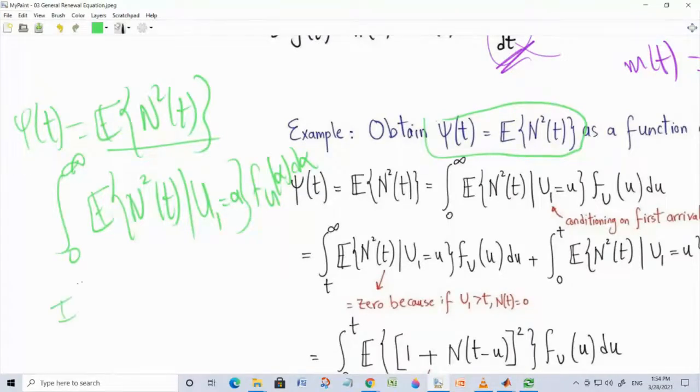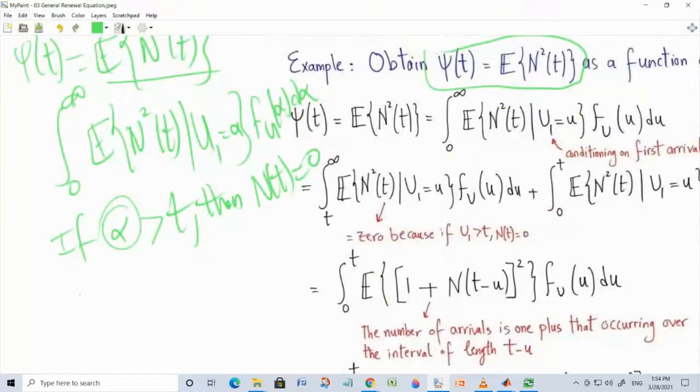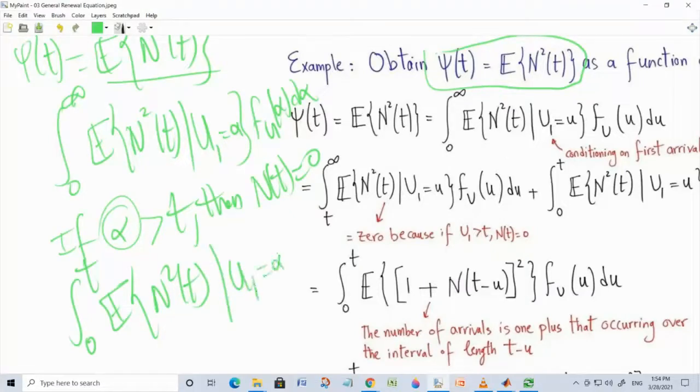Now what if alpha is greater than t? Alpha is the time of the first arrival. If alpha is greater than t, so that the first arrival in the system occurred after t, then what is the number of arrivals at time t, which is less than alpha? So this is equal to 0. And so our integration here is effectively from 0 to t: the expectation of n squared of t given u1 equal to alpha, times f u of alpha d alpha.